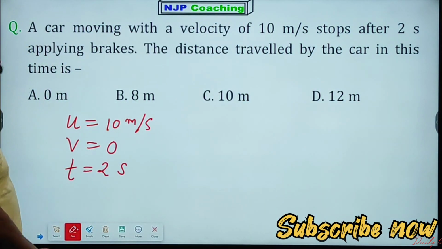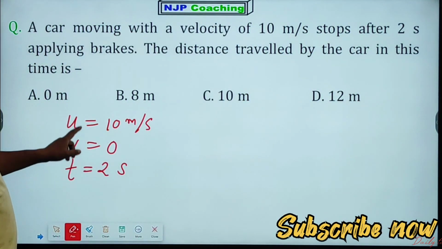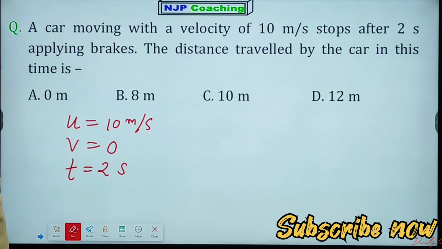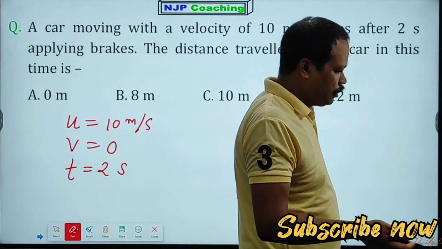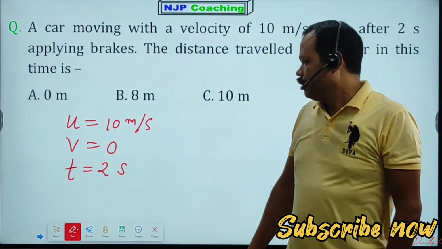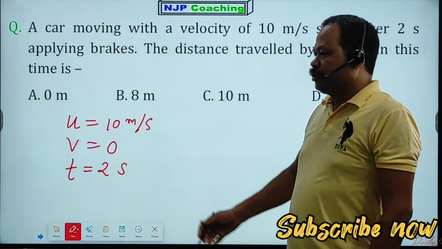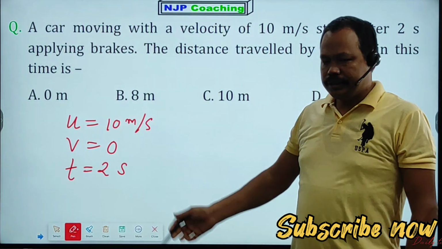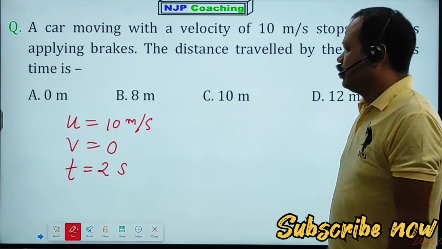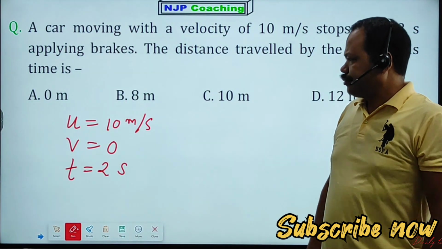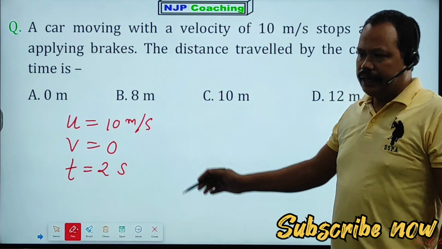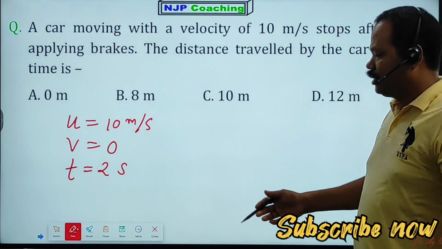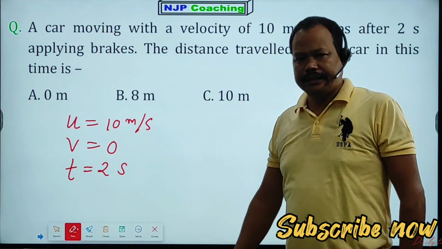The time taken is 2 seconds. So the final velocity is 0, the initial velocity is 10 meter per second. What is the distance travelled? We can use two relations, position time and position velocity. To use either relation we need the acceleration.